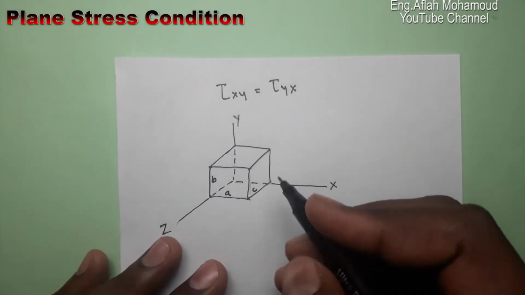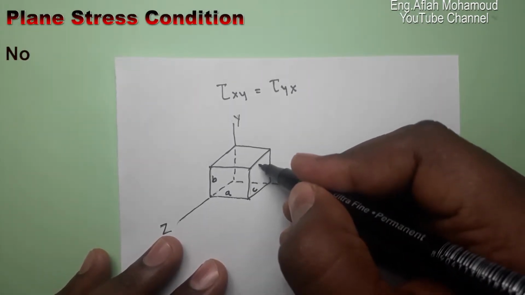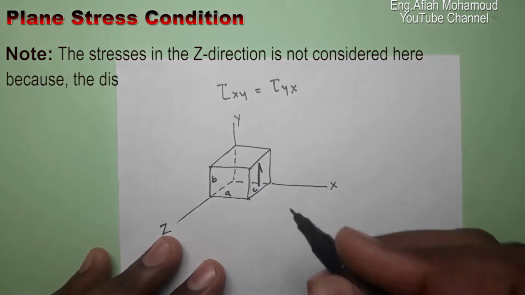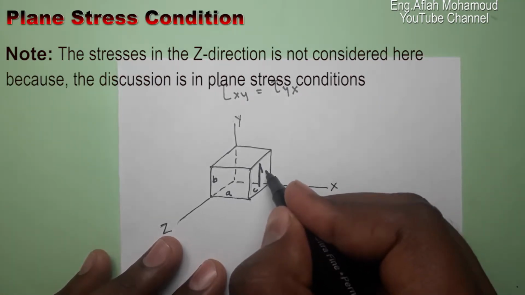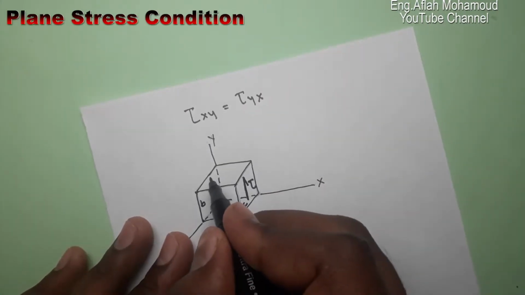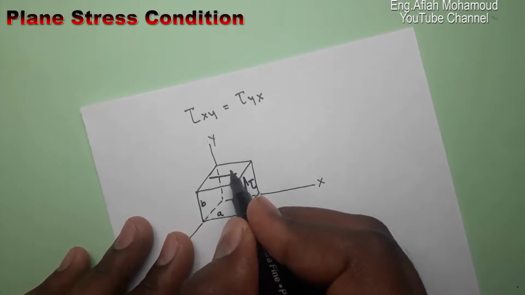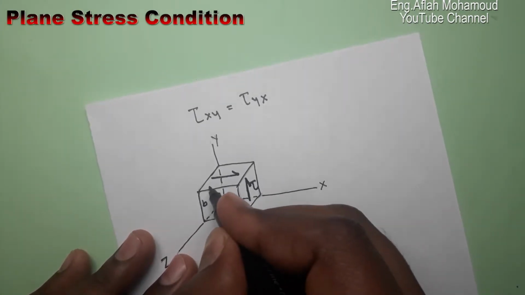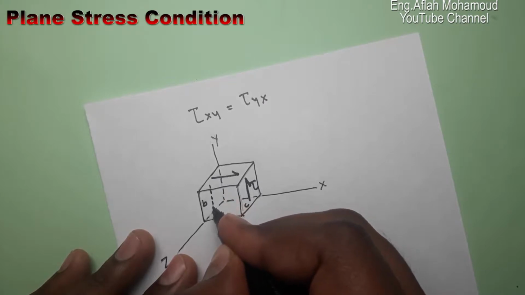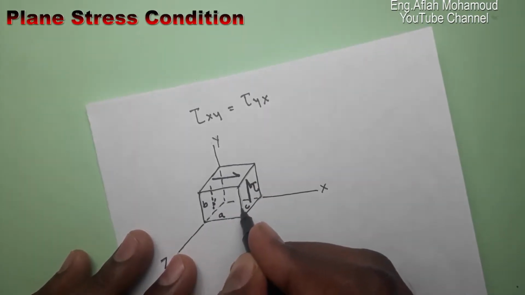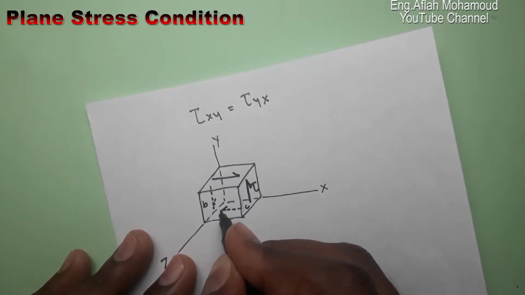Now, shear stresses act parallel to the area. So let's have a shear here, and in the same way at the top surface we have another shear, and opposite to this one a shear in the opposite direction, and opposite to this one a shear at the bottom surface.